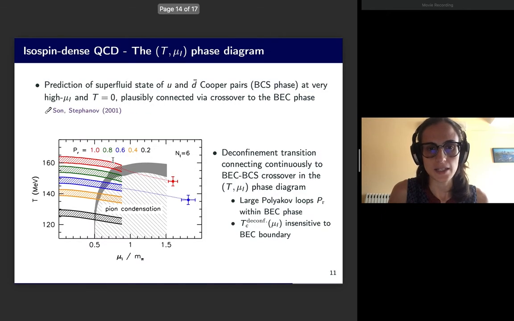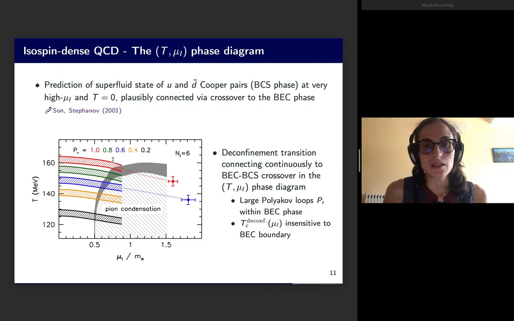And the answer is that while that is conjectured, for the arguments that I have mentioned in the beginning that predict a superfluid state of up and anti-down Cooper pairs at very large values of the chemical potential and t equals 0, because the analytic argument works at t equals 0, and this is plausibly connected by a crossover to the BEC phase.